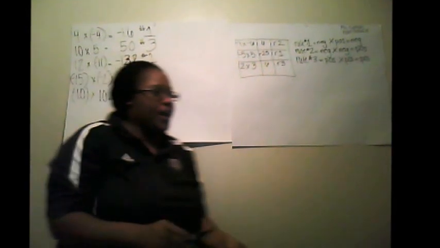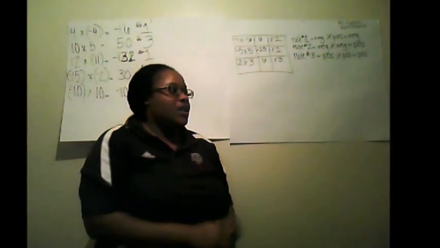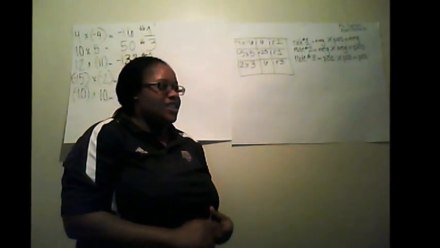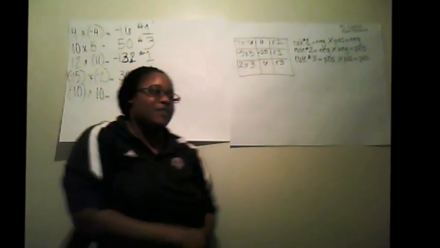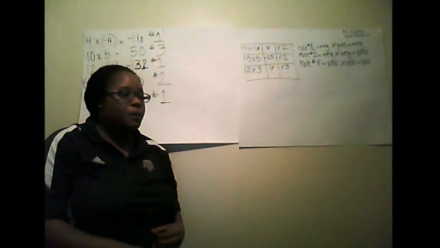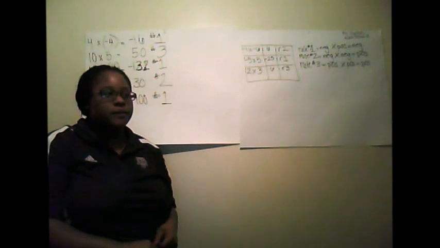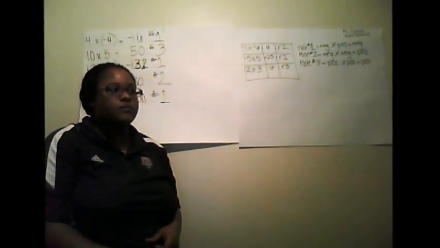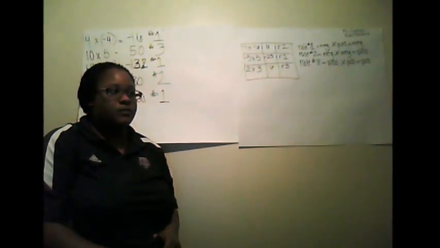Alright, let's go back and review one more time. I want you to give me the difference between the addition rule and the multiplication rule, and an example of that. The difference is that in addition, a negative plus a negative is equal to a negative, and in the multiplication rule, a negative times a negative equals a positive.